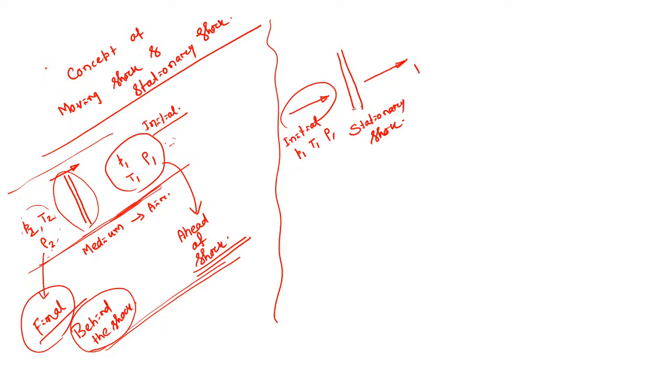When it is leaving, it has the final condition P2, T2 and rho 2. The shock wave is stationary, so this is the gas before the shock wave, and this is the gas condition after the shock wave.